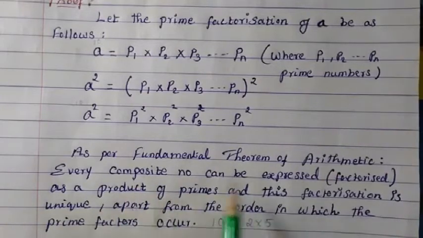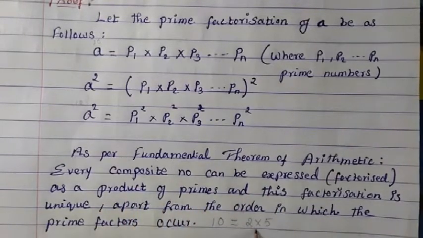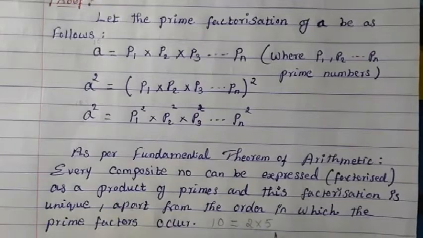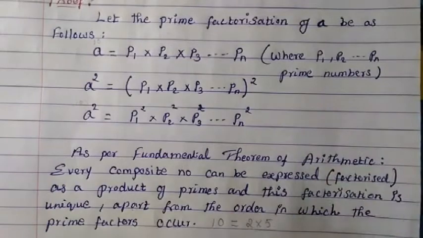So that's what the fundamental theorem of arithmetic says: a composite number can be expressed as a product of primes, and this factorization is unique apart from the order in which the prime factors occur. So the order can change, but the factors remain the same. I hope up to here it is clear.